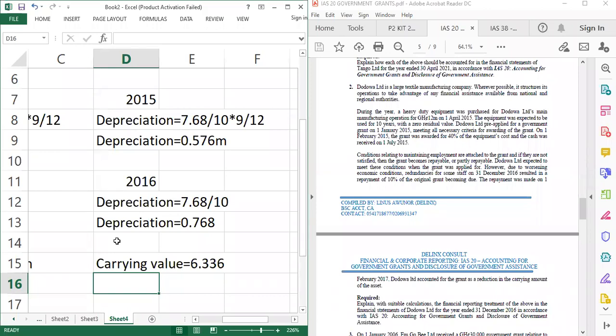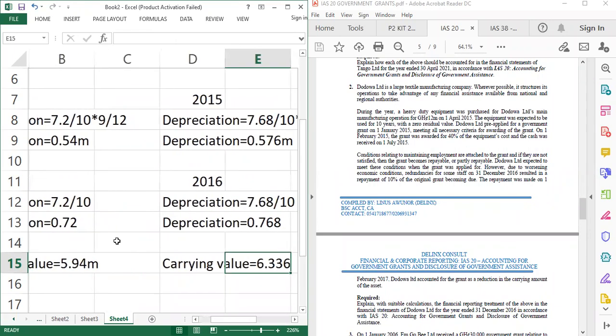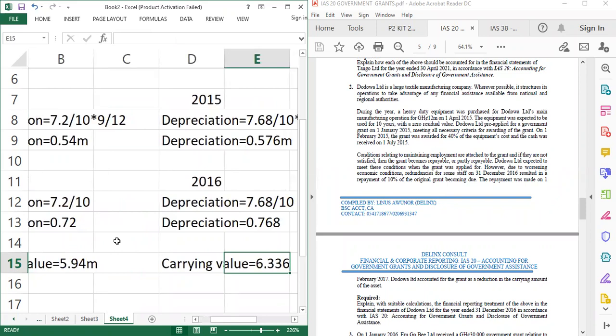But what is the carrying value when we assume that the grant was taken? It was 5.94. Let's find the difference now. 0.396.